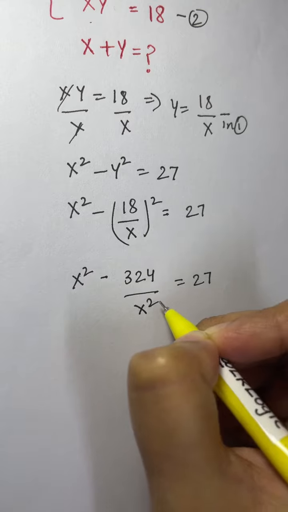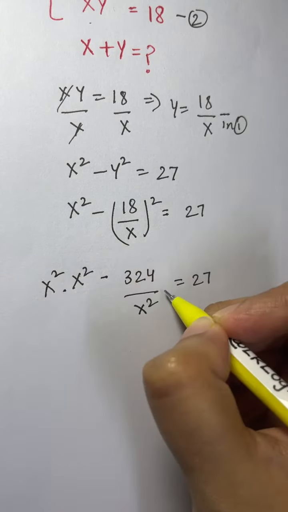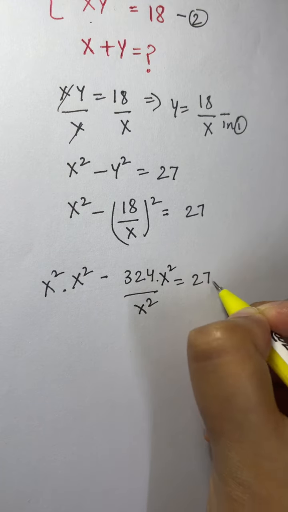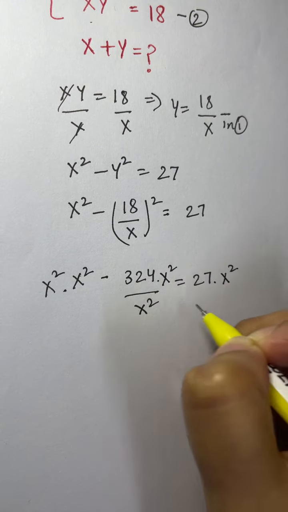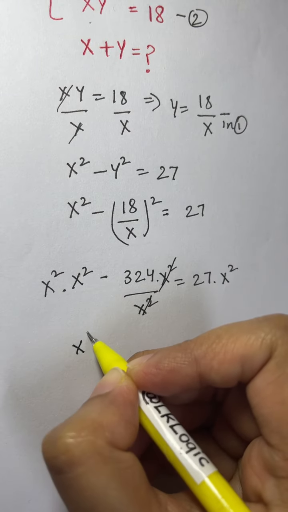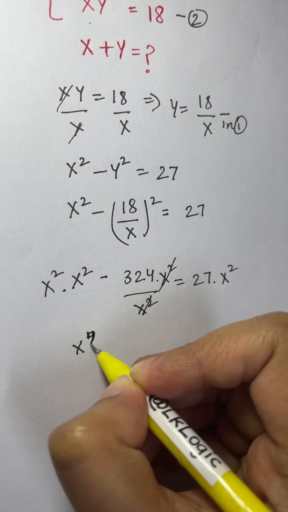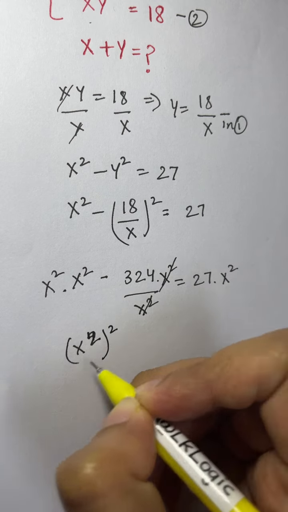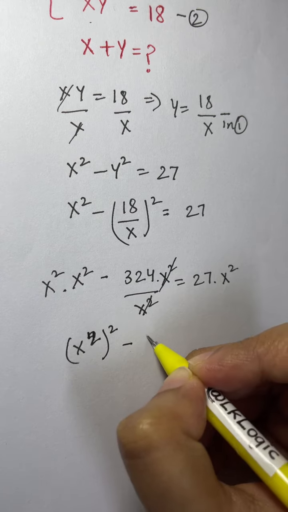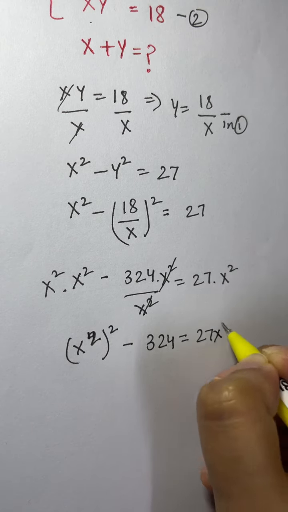Now let's remove this denominator. Multiply x squared on both sides. Here it gets cancelled out. So here we have x to the 4, or we can simply write it as x squared, the whole square. Keep it like that. Minus 324 is equal to 27x squared.